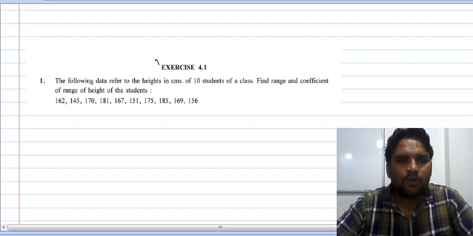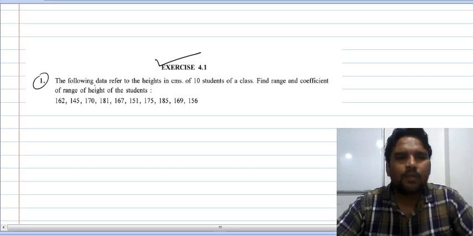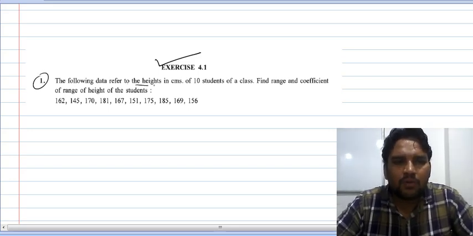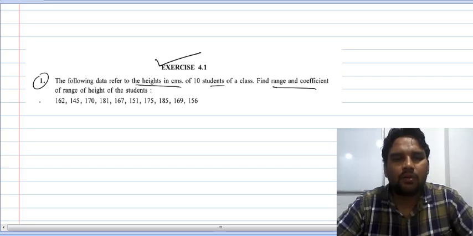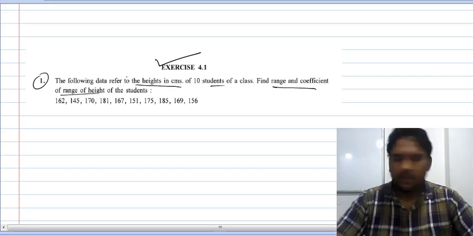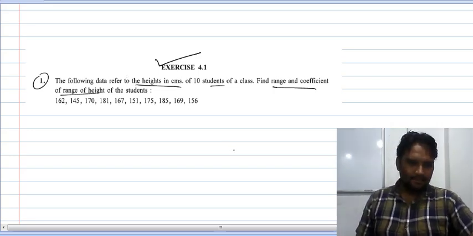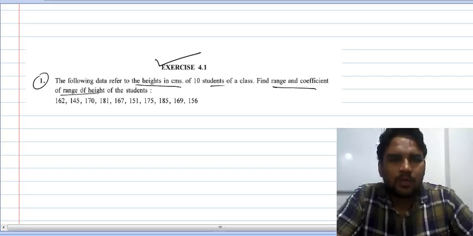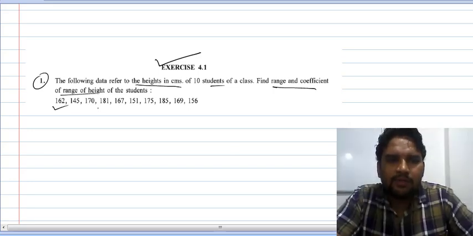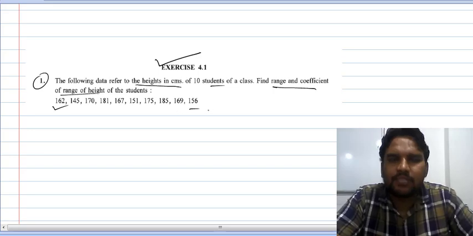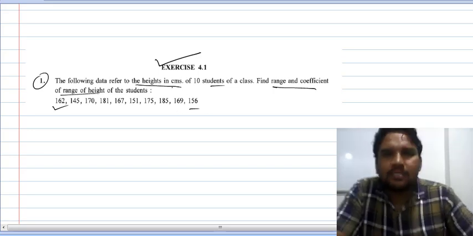So exercise 4.1, question number 1. The following data refer to the height in centimeters of 10 students of a class. Find the range and the coefficient of range of the height of the students. The data is given, 162 till 156. That means the height in centimeters is given.